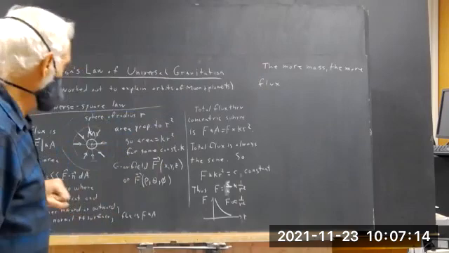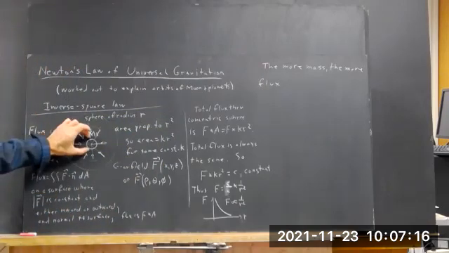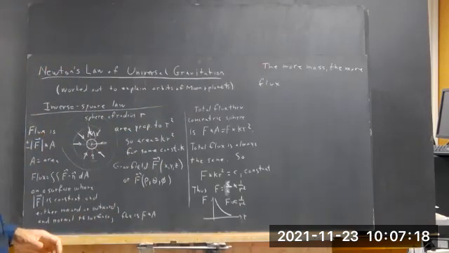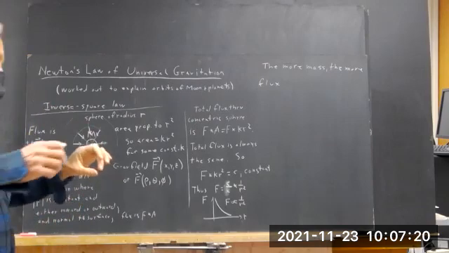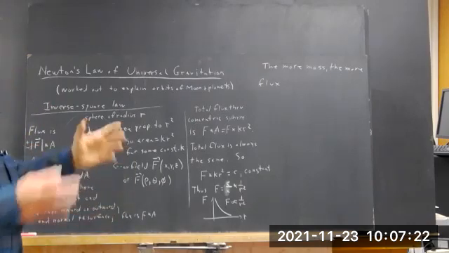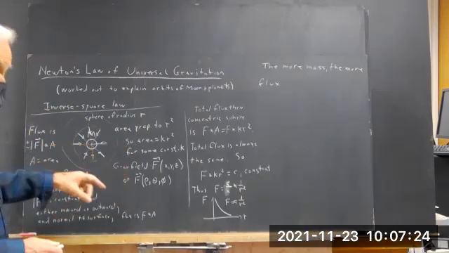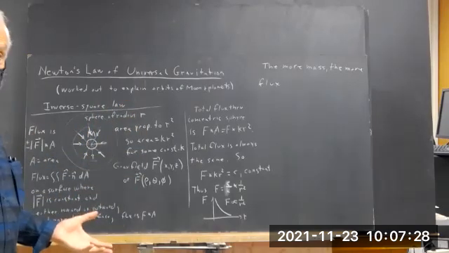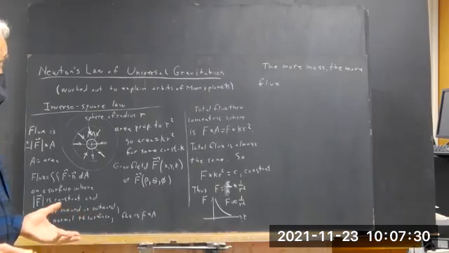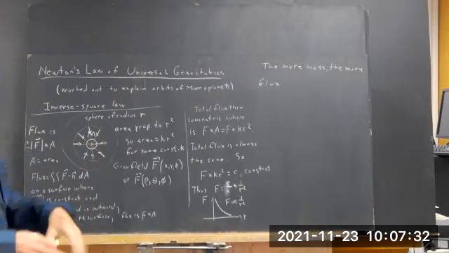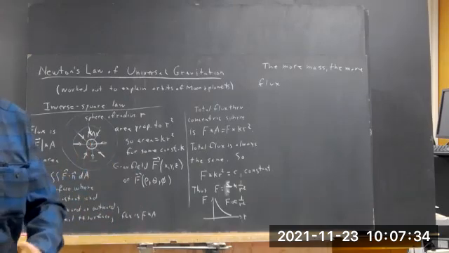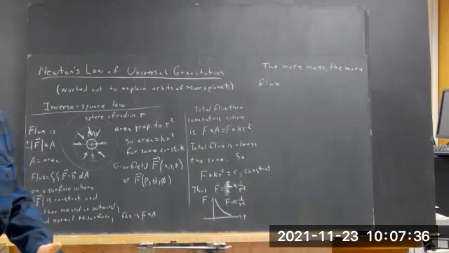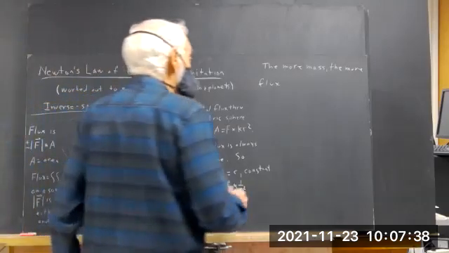Obviously, if you've got more mass here, it's like I have this mass and I combine it with this mass, and now I've got a bigger mass. I've got the flux of this one and the flux of this one, and when they're combined, they just add up. So if I have a multiple of this mass, I get the same multiple of the field. More mass, more flux.